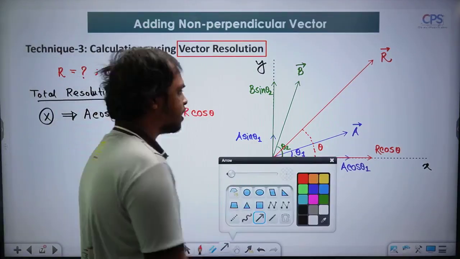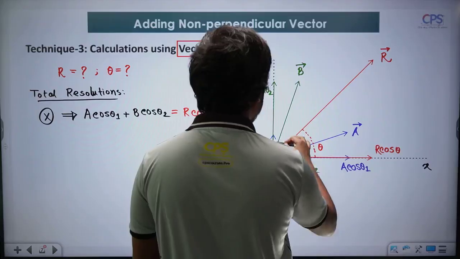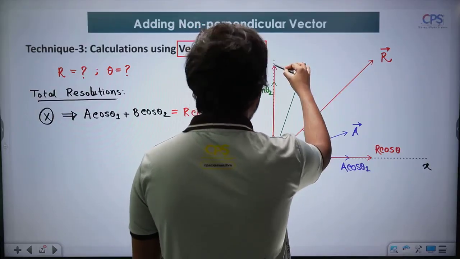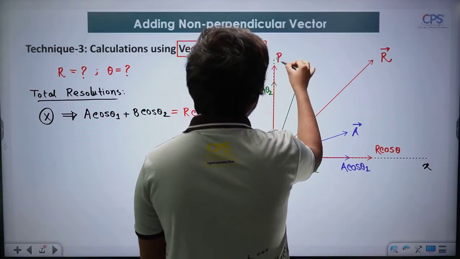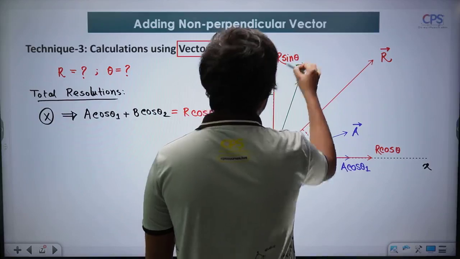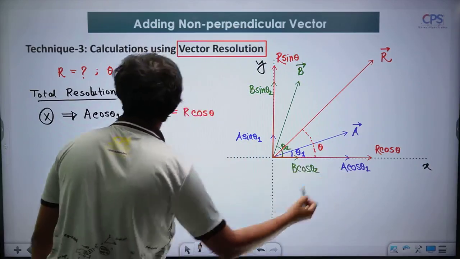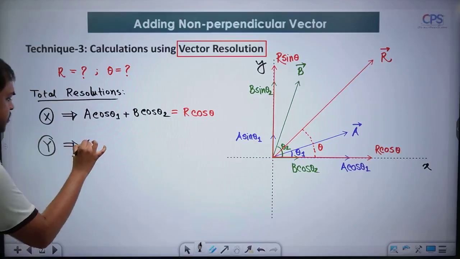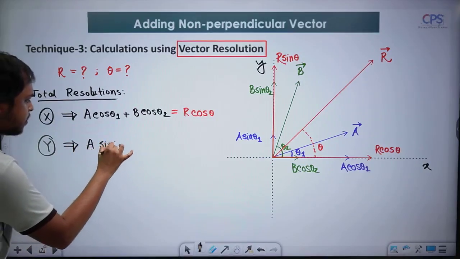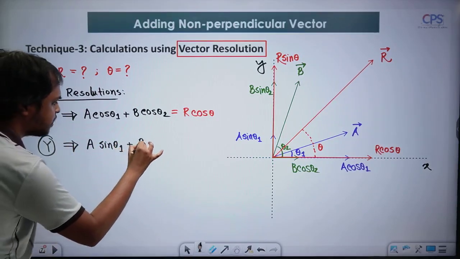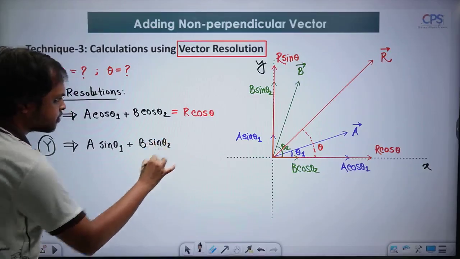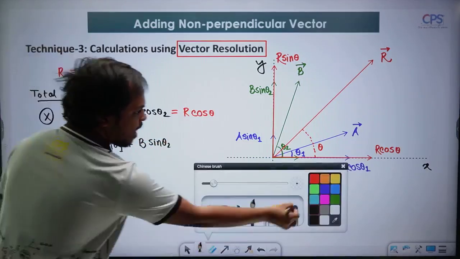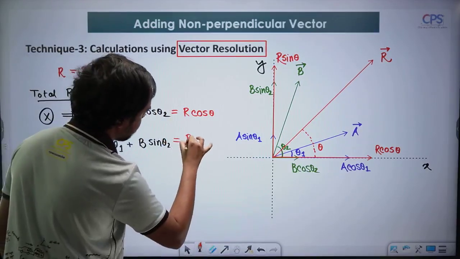And the total resultant's effect on the y-axis will be R sin theta. We get this by adding the effects of those two vectors, A sin theta 1 plus B sin theta 2 equal to R sin theta.